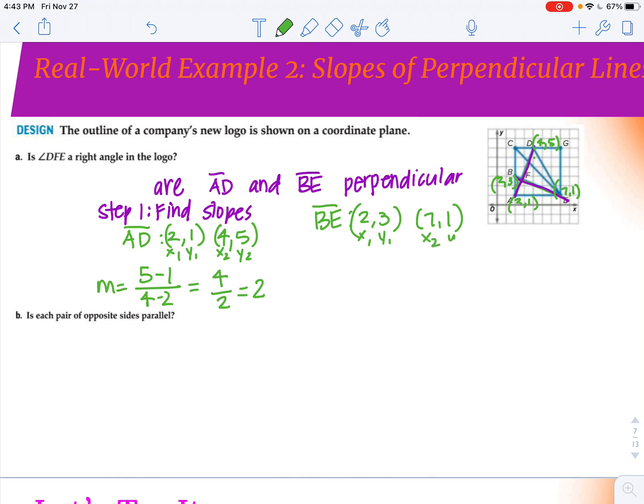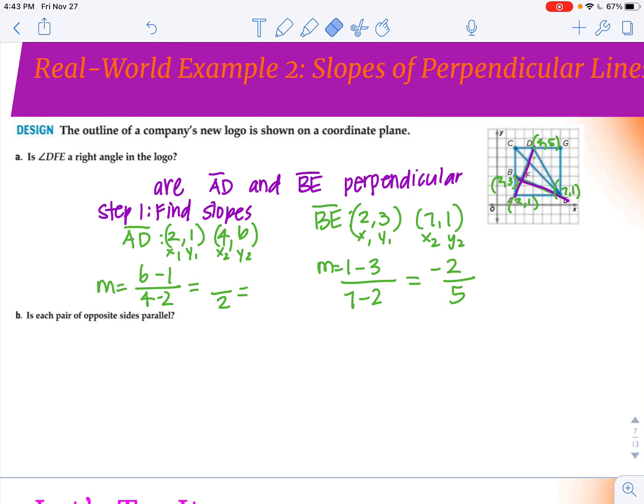And we have x1, y1, x2, y2. So we have slope equals 1 minus 3 over 7 minus 2, which will equal -2 over 5. And ladies, here I counted wrong. This is a 6.